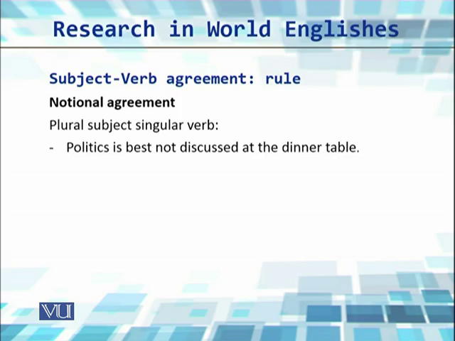In a sentence like politics is best not discussed at the dinner table, the verb which is appropriate is is, because politics conceptually is a singular noun. So we see that in English we have a subject-verb agreement rule, but because of the subparts of the rule, there are likely to be lots of uncertainties by the users of this rule, which include both native speakers and non-native English speakers.